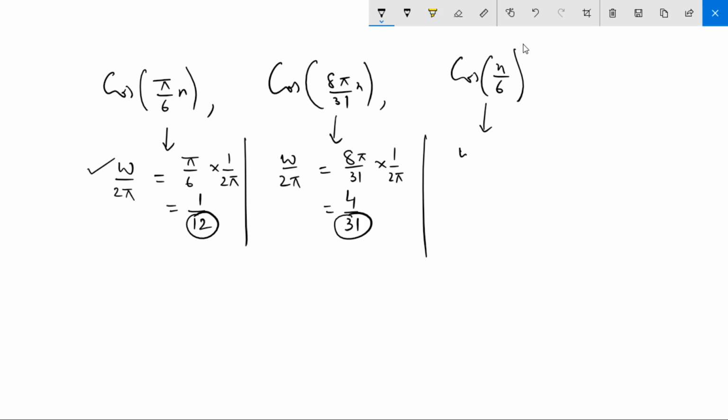And for this signal, omega is 1 by 6, so 1 by 6 into 1 by 2 pi, you will get 1 by 12 pi. So this is not in the form of k by n, so this signal is not periodic.